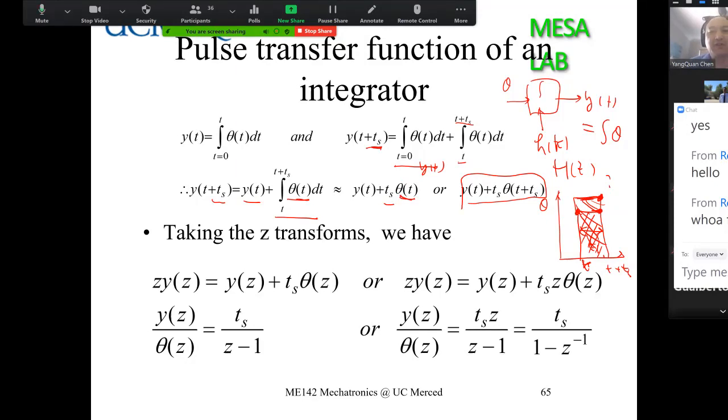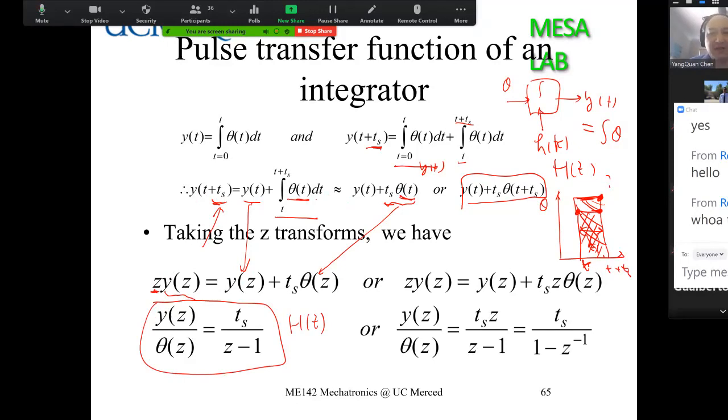So if we do a transformation here, you have a z, yz in here, then this term is theta z. So therefore, for integration, I got this one. This is my hz. And do you see something different?